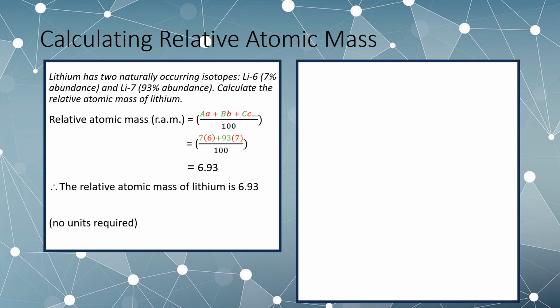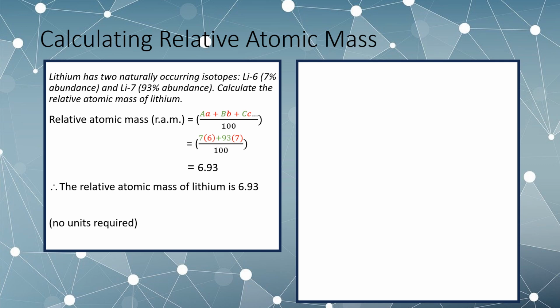So therefore it's equal to 7 times 6, as we have 7% of our lithium-6 isotope, plus 93 times 7, as we have 93% of our lithium-7 isotope. All divided by 100 gives us 6.93. Therefore, the relative atomic mass of lithium is 6.93 units. Now, we say units as there is no specific unit for relative atomic mass in these examples.